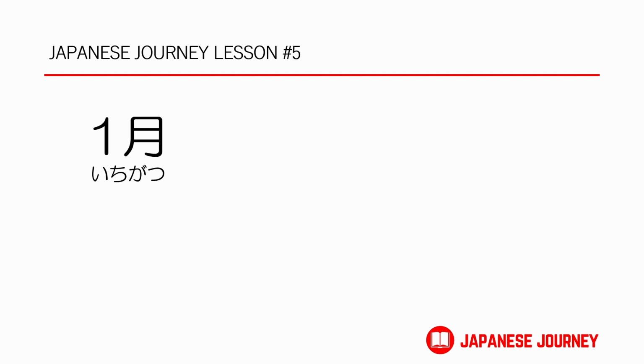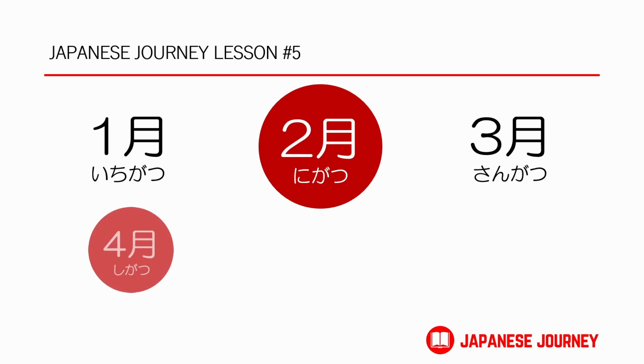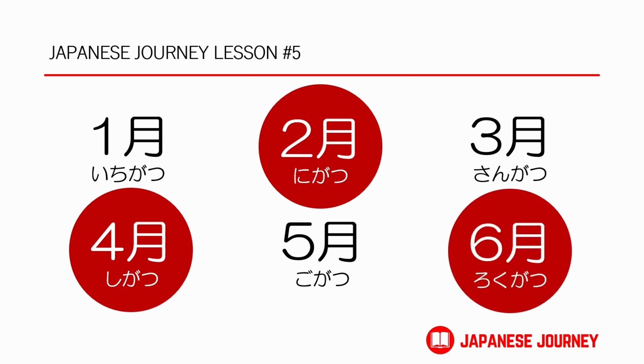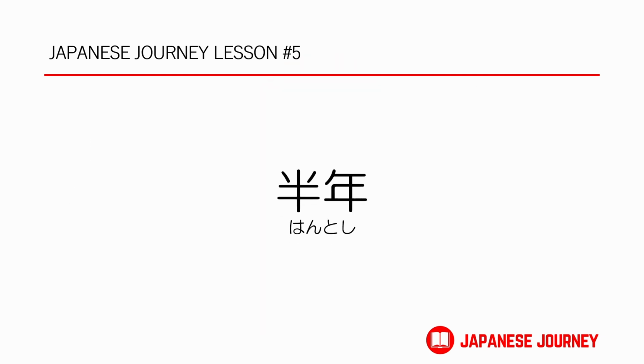January 1月, February 2月, March 3月, April 4月, May 5月, June 6月. And half a year in Japanese is 半年.